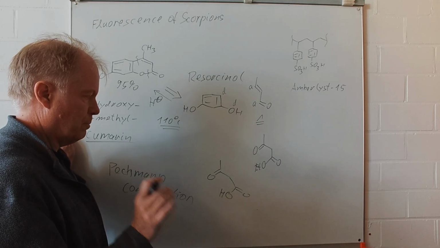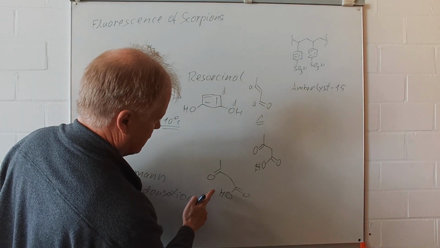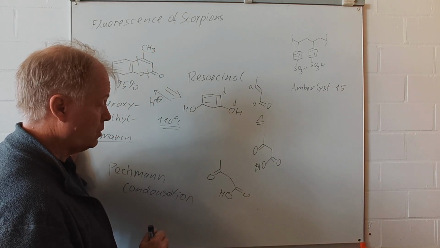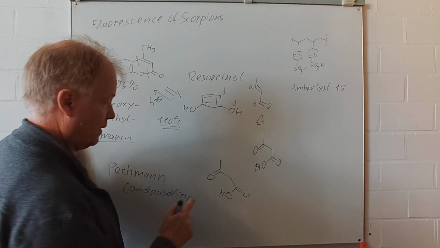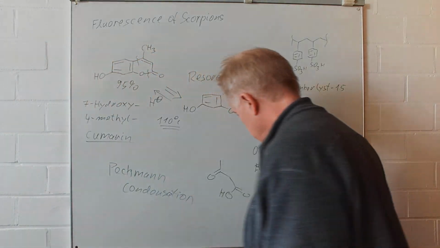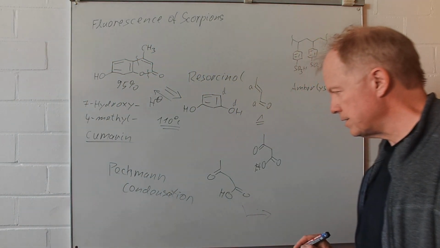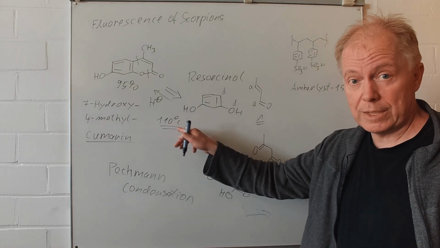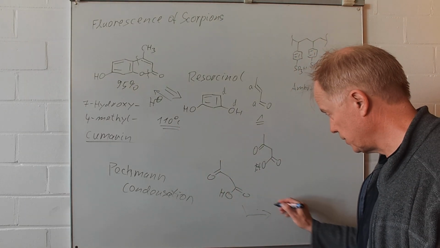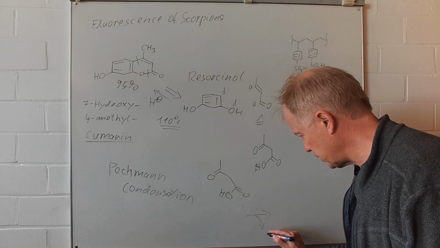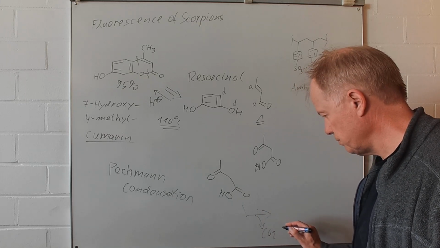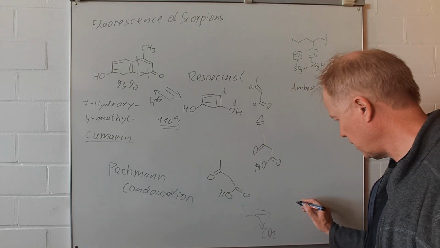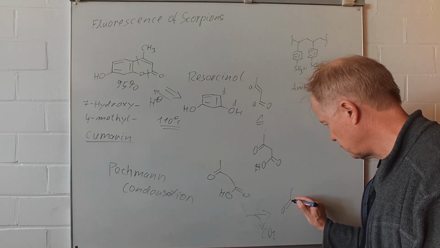You should remember that beta-keto carboxylic acids are not stable. They will decarboxylate even under moderate conditions, for sure at 110 degrees. And, well, okay, CO2 is formed, and in this case, simply acetone.